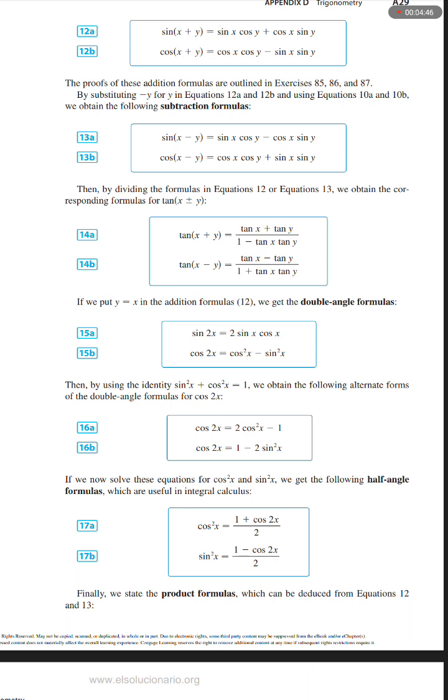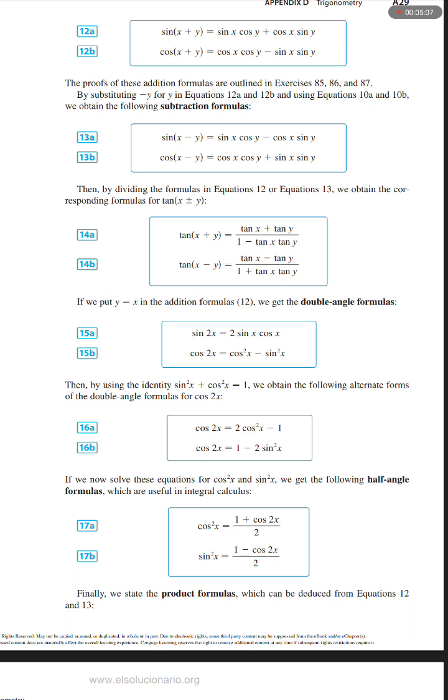Equation 12b: cosine of x plus y equals cosine x cosine y minus sine x sine y. The proofs of these addition formulas are outlined in exercises 85, 86, and 87.